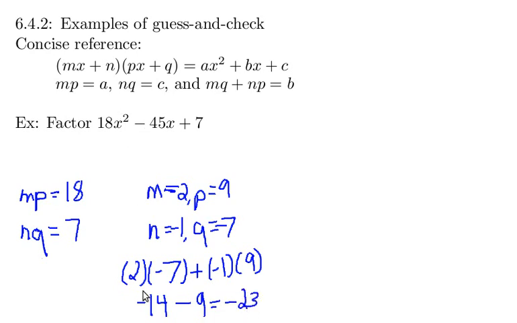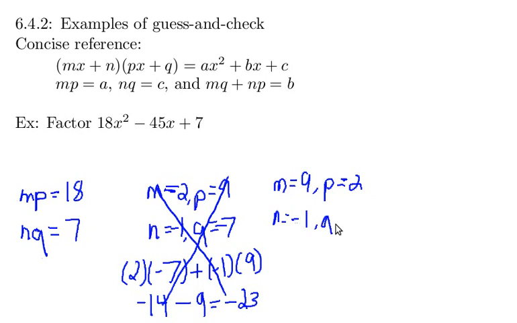Negative 23 is not this middle term, so this does not work. Let's try it again. Let's try switching the 2 and the 9. So M is equal to 9 and P is equal to 2. And N is equal to negative 1, and Q is equal to negative 7.